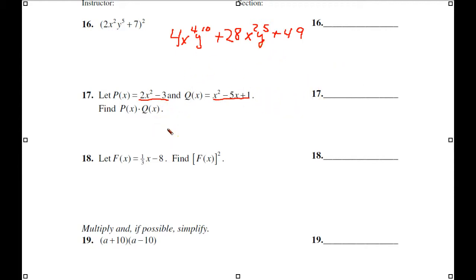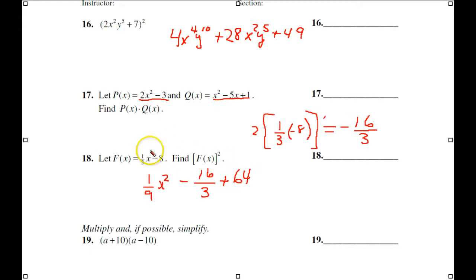Now, for number 18, all they're asking is to take this f of x and square it. So in a sense, they could have written it this way, but they want you to see it in function notation. So this is equivalent to this.